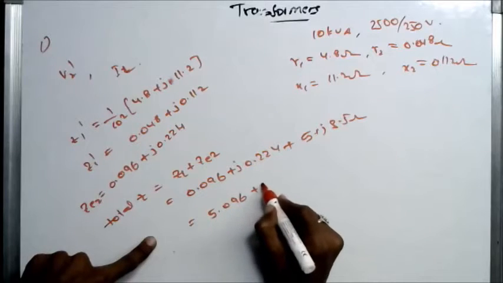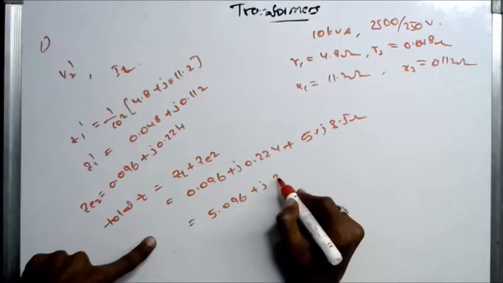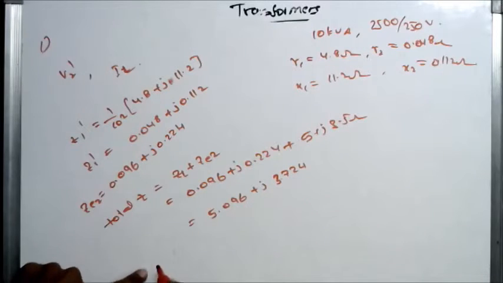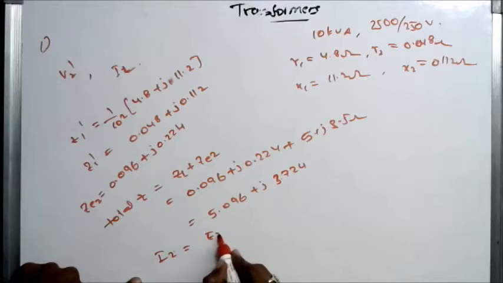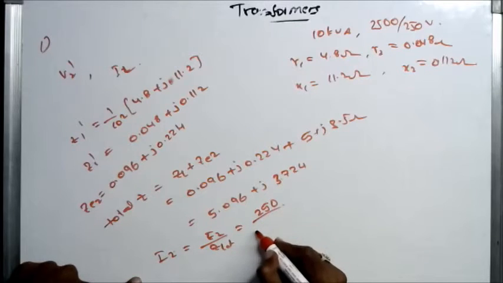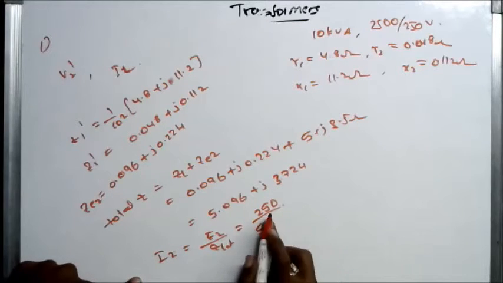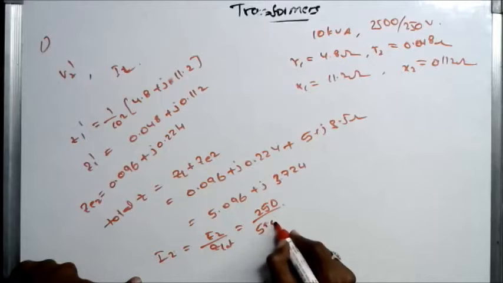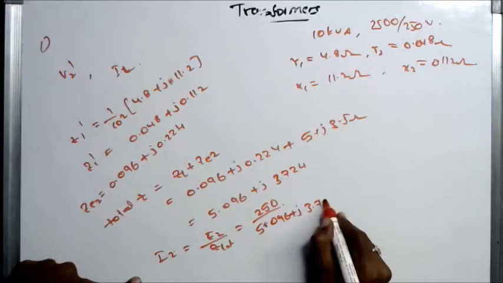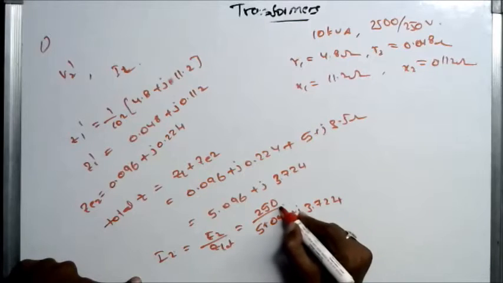So 5.096 plus j into 3.724. Now I2 is equal to E2 divided by Z total. E2 is given as 250 volts divided by 5.096 plus j into 3.724.